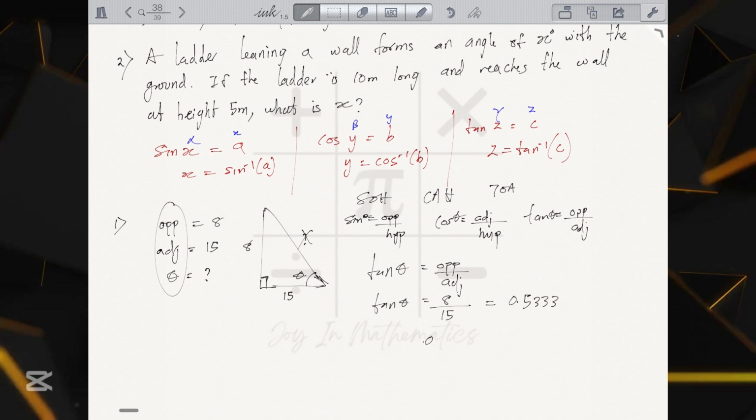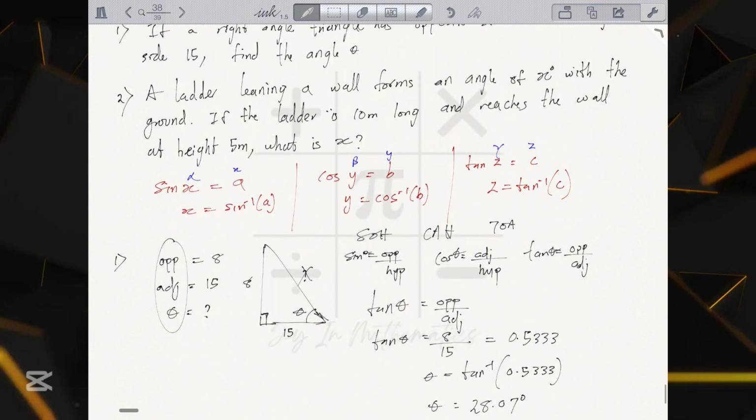Then we can use arctan of the result, 0.5333, and we will have our angle theta to be equal to 28.07 degrees.